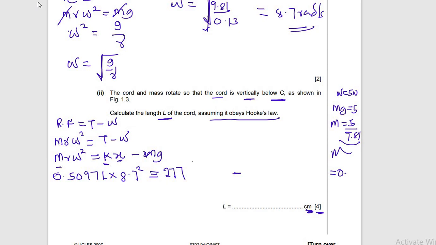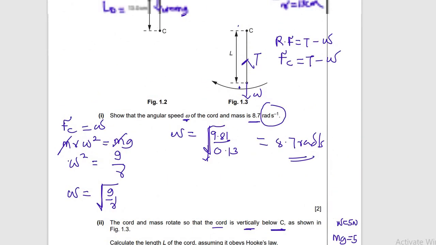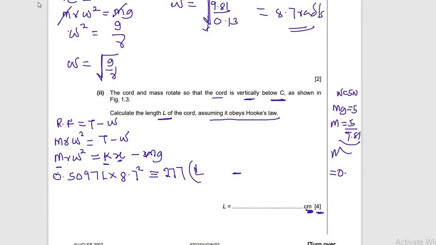X is extension. Extension is the new length. The new length is L in this question. This is the new length, L, minus the original length. The original length is the one without force, which is 13 centimeter, to meter is 0.13, minus mg, that's the weight, 5.